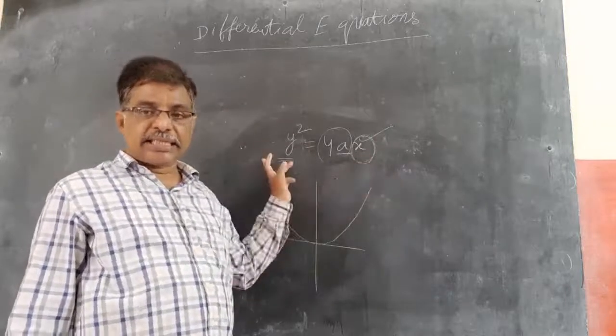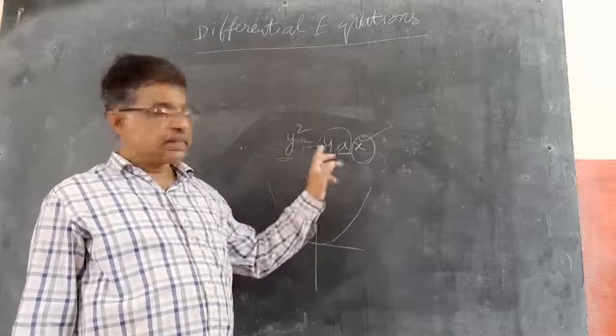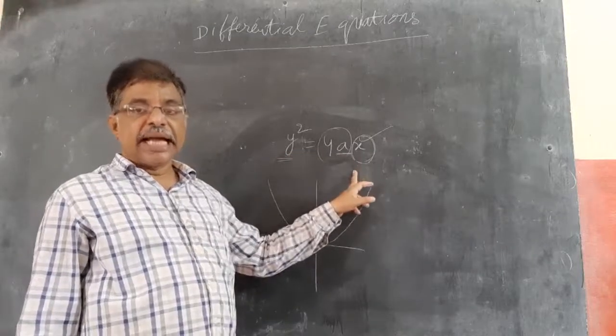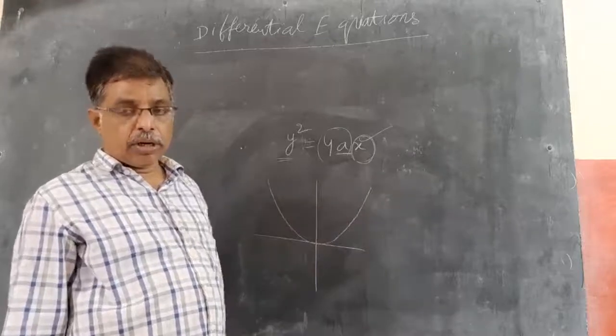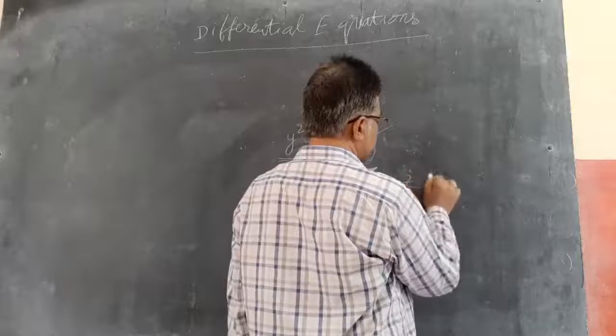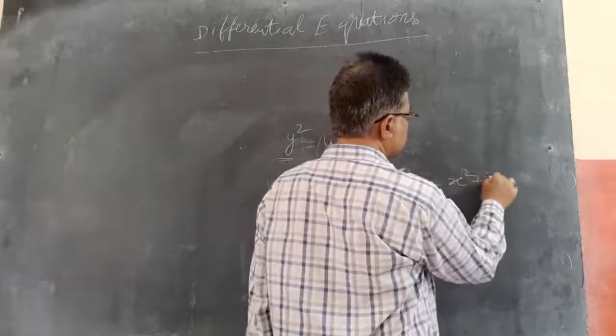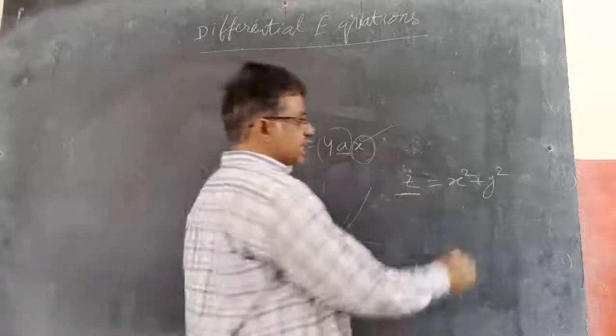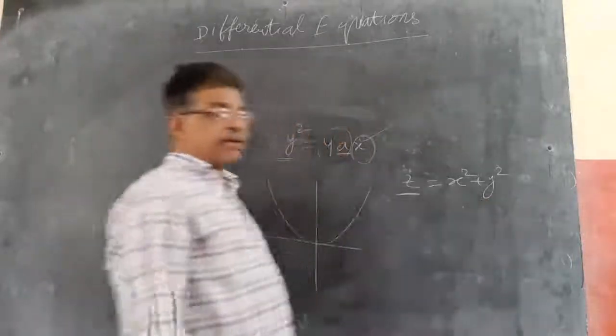Whenever x changes, y changes. So y is called the dependent variable, x is called the independent variable. For example, if I am saying z is equal to x square plus y square, then z is the dependent variable. X and y are called independent variables.